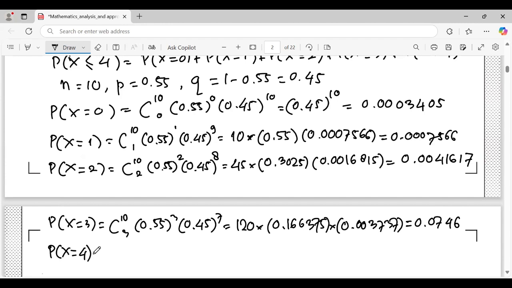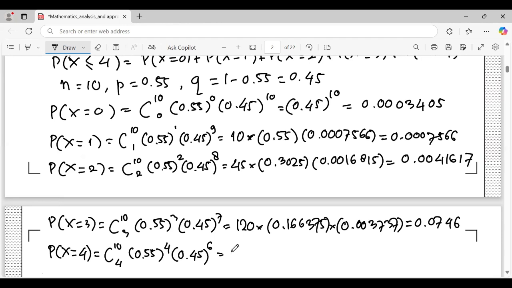Probability x equals 4. Combination 10, 4, times 0.55 power 4, times 0.45 power 6.